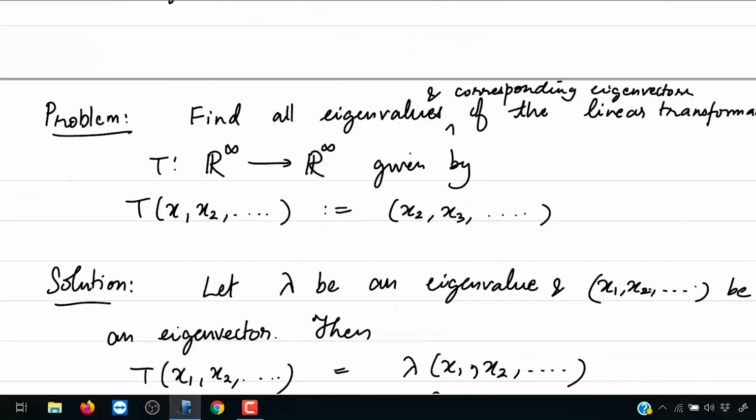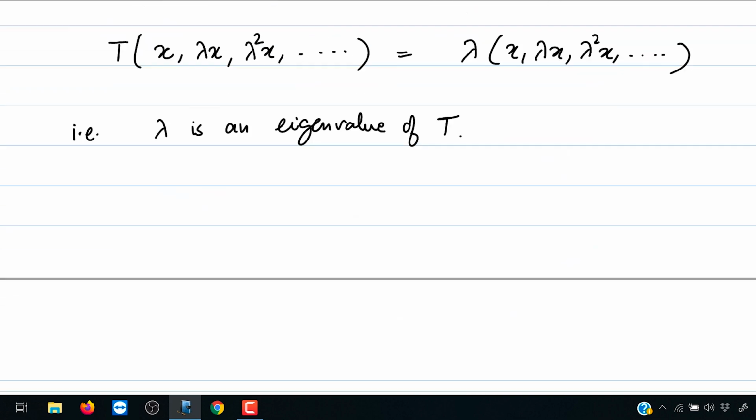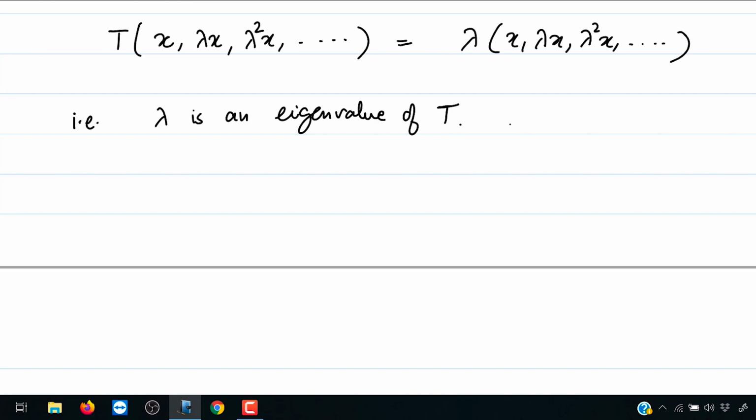We'll just be content with computing the eigenvalues here. So every real number hence turns out to be an eigenvalue of T.